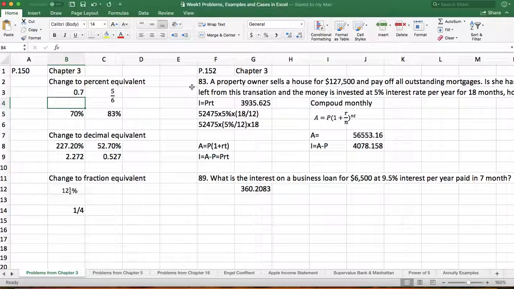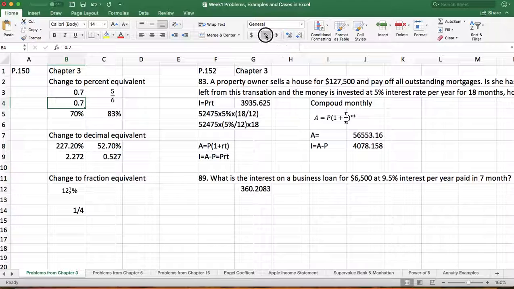In Excel, you choose a cell and you type in 0.7 and you select it. Look here. There is a percent sign here.